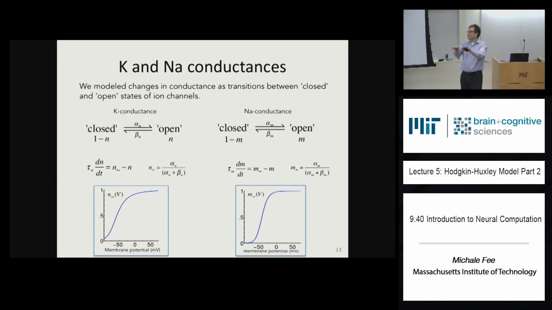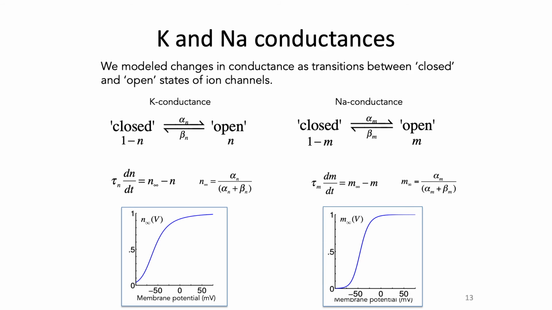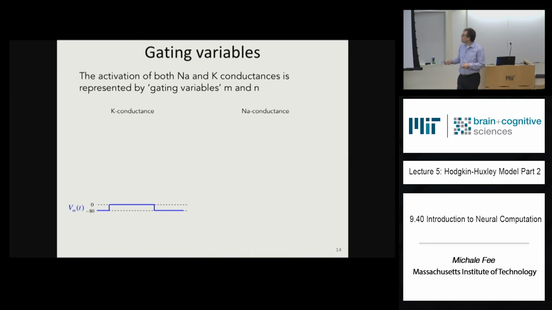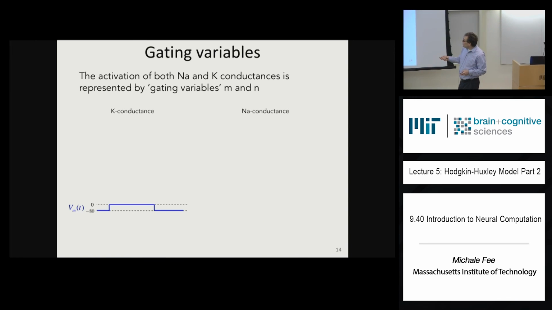Those ion channels are closed at hyperpolarized voltages. So the gating variables that represent the probability of being open are small when the voltage is very negative. Okay, so then we're going to step the voltage up, and what is n infinity going to do?